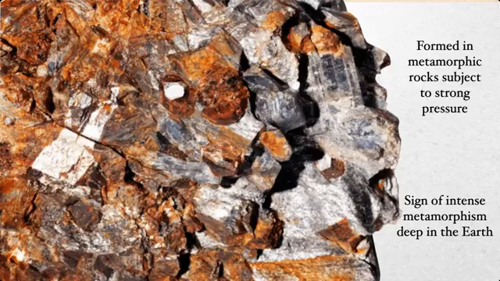Now, obviously, it's formed in metamorphic rocks subject to strong pressure. Very, very strong pressure. And kyanite is a sign of intense metamorphism deep within the earth. It's what's called an index mineral.